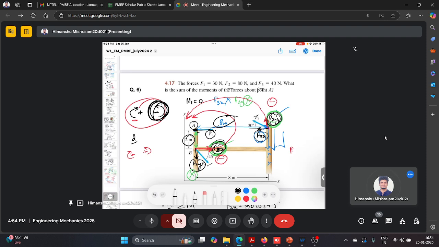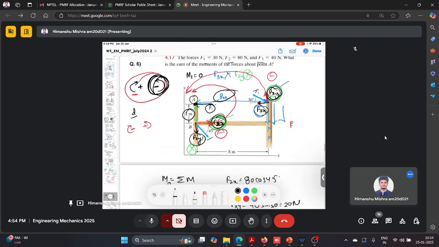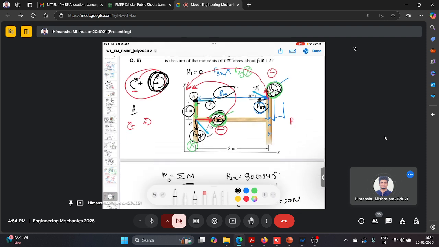So any doubt? So if no doubt, then we can stop here. So we will be solving a few more questions from movements, and then we will be solving some questions from equilibrium.